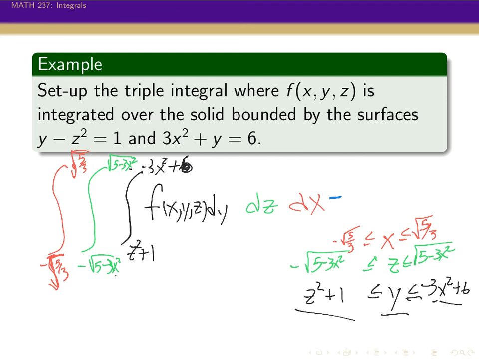Now we're left with just a two-dimensional problem in terms of x's and z's, and then we work to take out the z's. So just do it step by step, slowly. Don't try and force yourself to understand everything at once. Just understand what you're trying to do right now in terms of getting rid of one variable at a time.